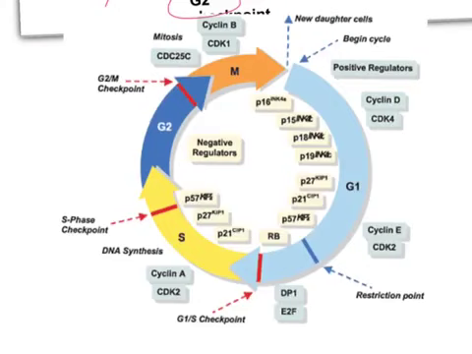These are kinases. A kinase is an enzyme that will phosphorylate. What do you think phosphorylate means? Addition of a phosphate group. So a kinase is an enzyme that adds a phosphate group to something.